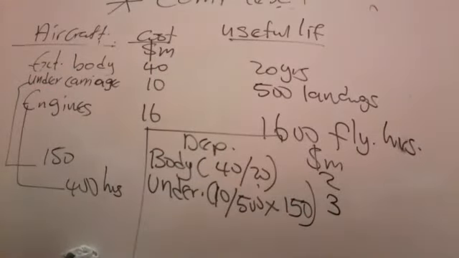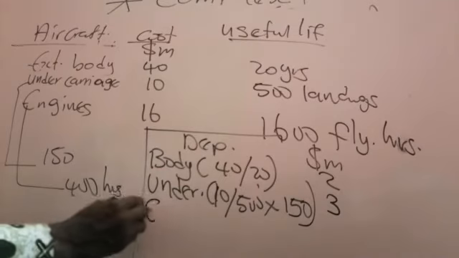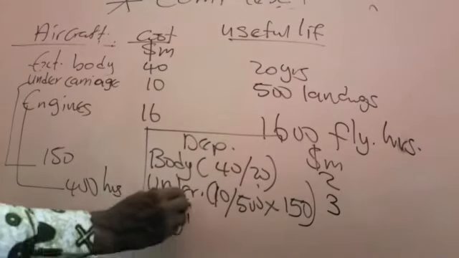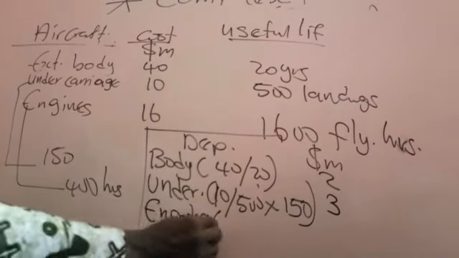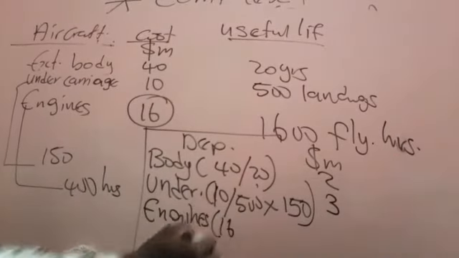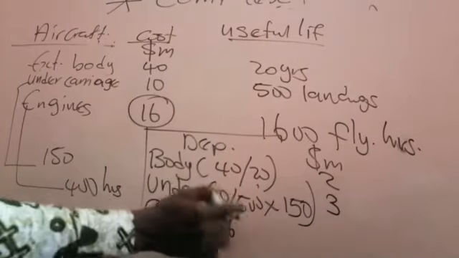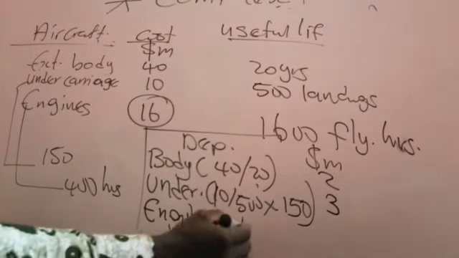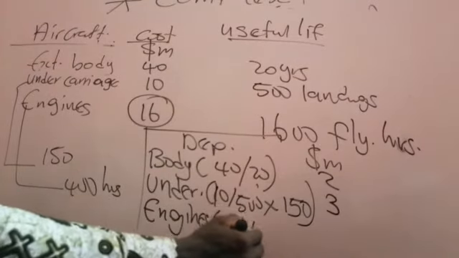The last component is the engines. So the cost of the engine is 16 million, also divided by the entire flying hours, which is 1,600.